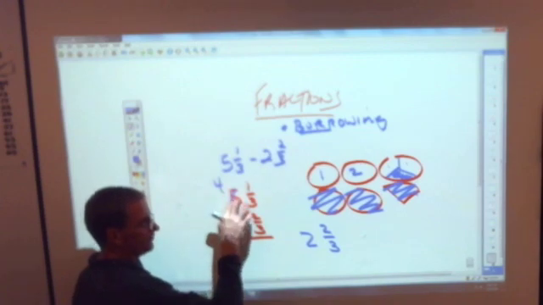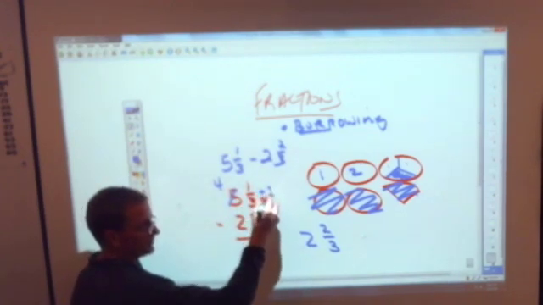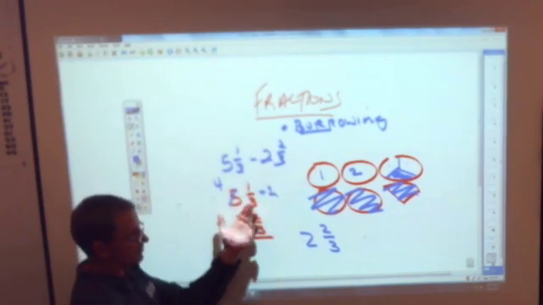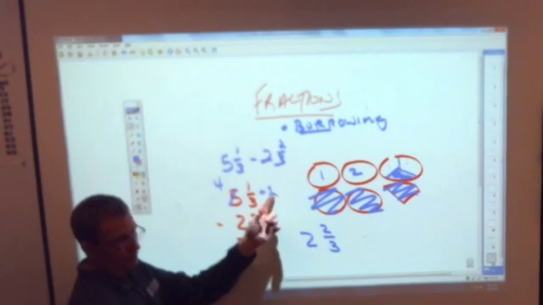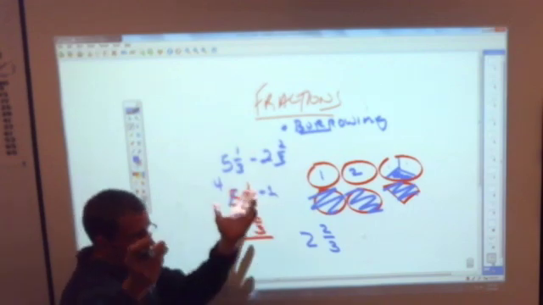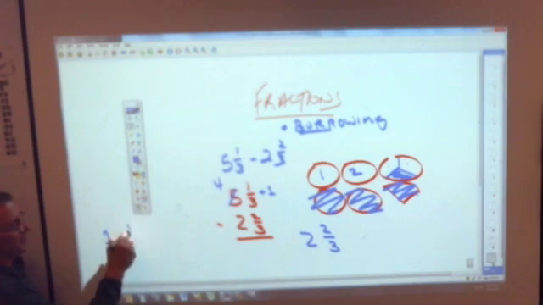When you borrow from the 5, you're taking 1 away from that. So I'm actually adding 1 to this. Well, when I'm adding 1 to a fraction, what do I have to do? I have to make this a fraction. 1 is what fraction? Well, 1/1 I can't add to 1/3. If I have the number 1, I can make gazillions of fractions that equal 1.